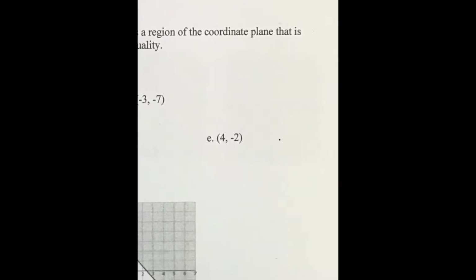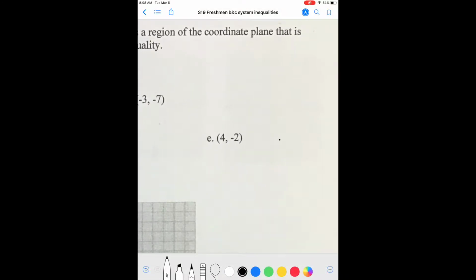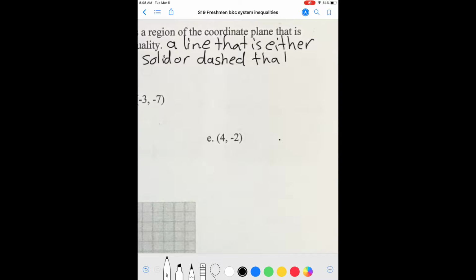So the definition we came up with was a line that is either solid or dashed, you can say dotted if you would like, that creates a region of solutions.